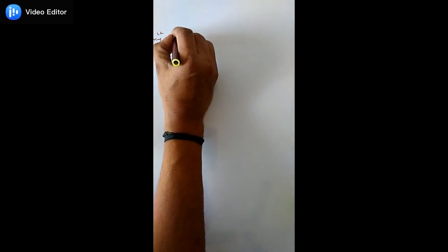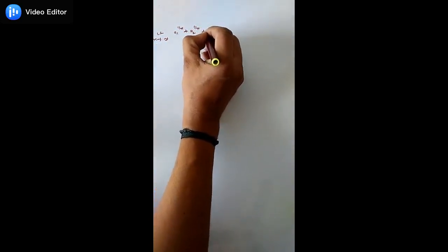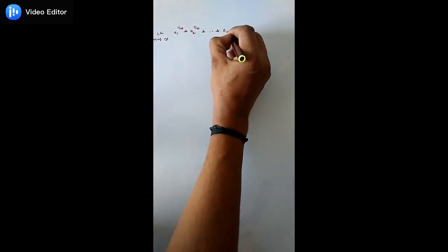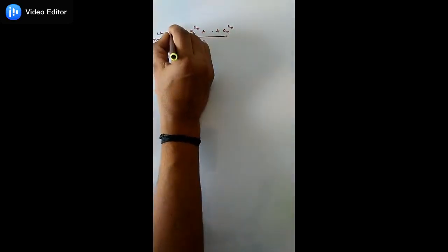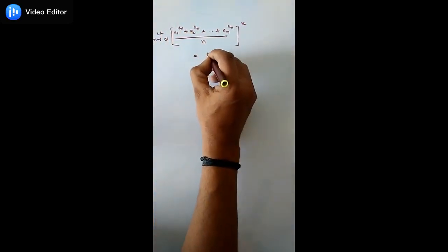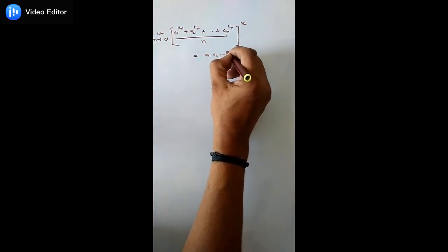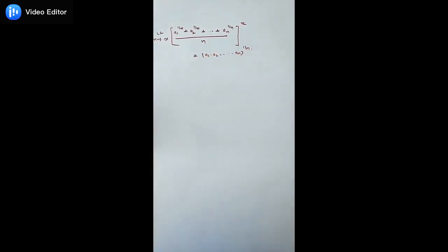Now look at this. The limit as x tends to infinity of (a1^(1/x) + a2^(1/x) + and so on + an^(1/x)) / n, whole to the power x, is equal to (a1 · a2 · and so on · an) to the power 1/n.